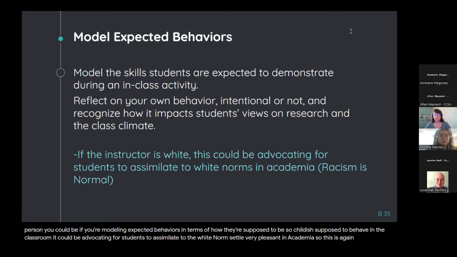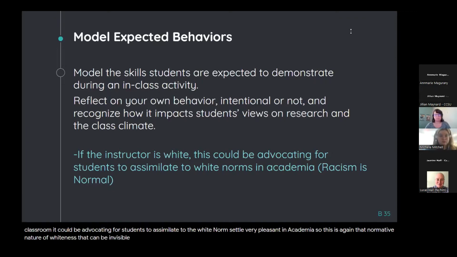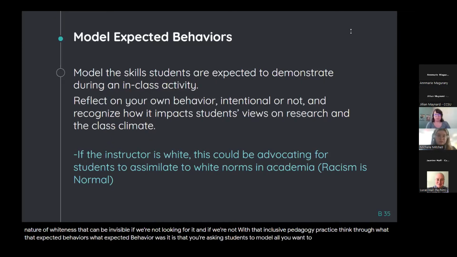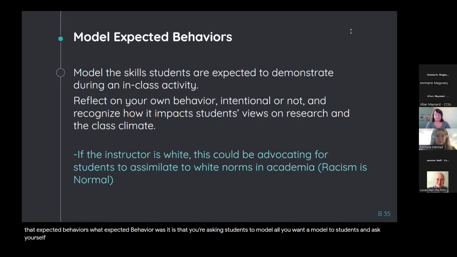So this is, again, that normative nature of whiteness that can be invisible if we're not looking for it and if we're not seeing it. So with that inclusive pedagogy practice, think through what expected behaviors it is that you're asking students to model, or you want to model to students, and ask yourself, is that grounded in the white culture of the institution?